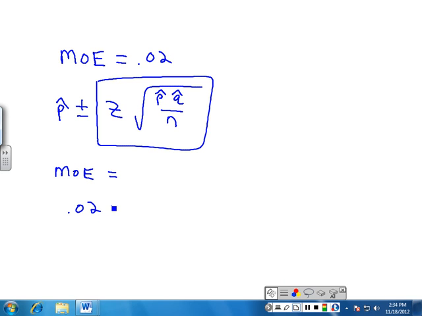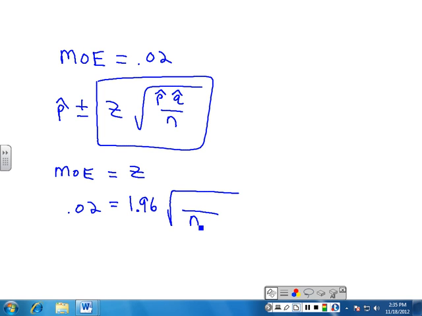It is equal to z. We want 95% confidence, so that's 1.96 times the square root of, I'll put n down here, that's what we're looking for. Had there been a pilot study, and let's say in the pilot study the sample proportion was 0.2, then we would use 0.2 and 0.8 here.